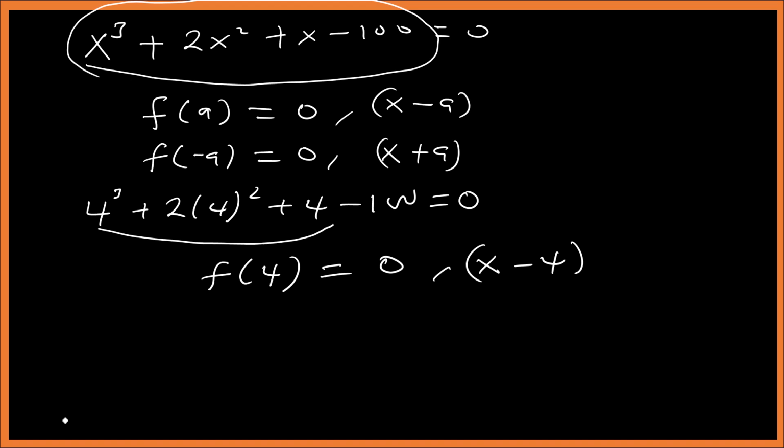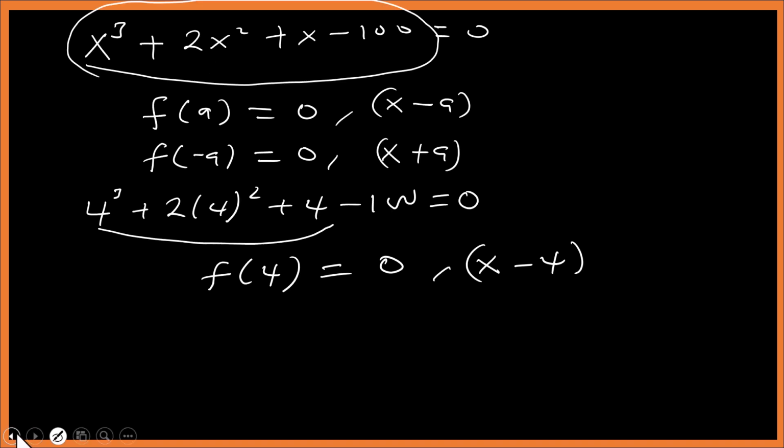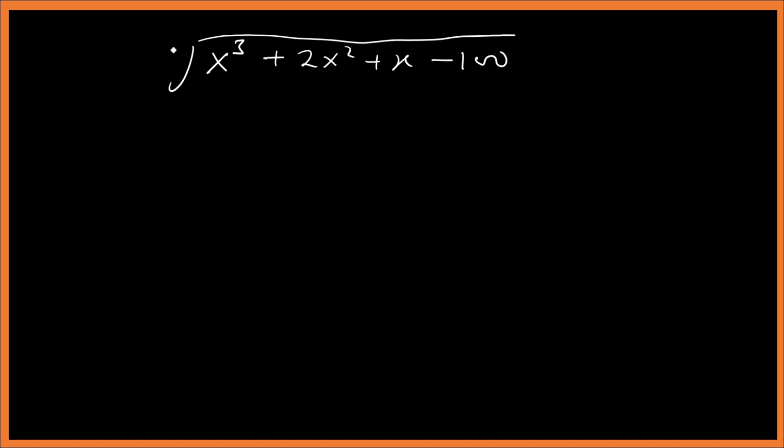Okay, so we have x cubed plus 2x squared plus x minus 100, divided by x minus 4.